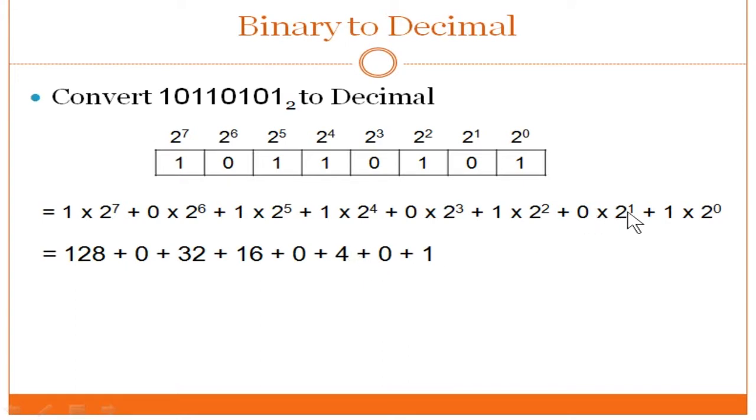And 2 to the power 1 is 2, which is multiplied by 0, you are getting 0 again. So finally you got 2 to the power 0, that is 1, which is multiplied by 1, you are getting 1. So this is the answer you got from the previous step. Now add all these, you are getting a decimal equivalent 181 base 10, that is the decimal equivalent for this binary number.